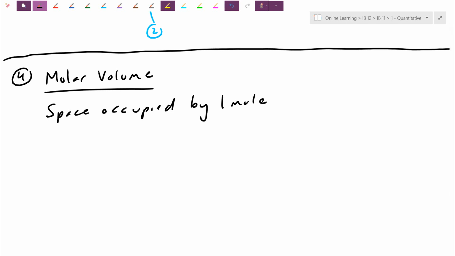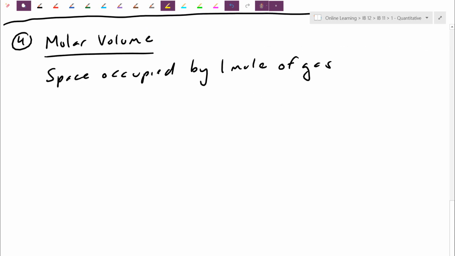But there are sort of 2 criteria here. The qualifications I'm going to make, space occupied by 1 mole, I'm going to specifically look at just gases. Gases are kind of nice because in the kinetic molecular theory, they have so much energy. They're basically, let's imagine my molecules here are little blobs. Notice when I talk about molar volume, I'm not talking about the volume that the particles themselves take up.